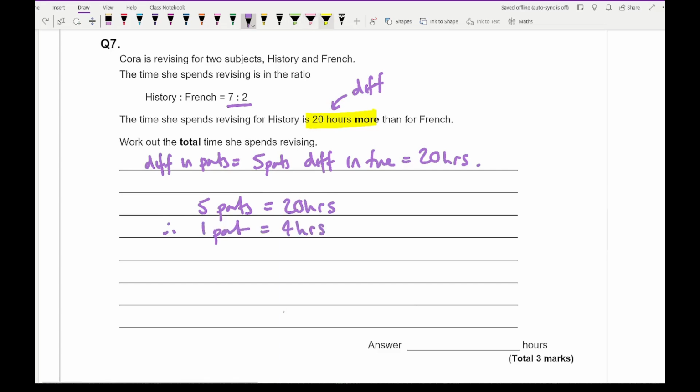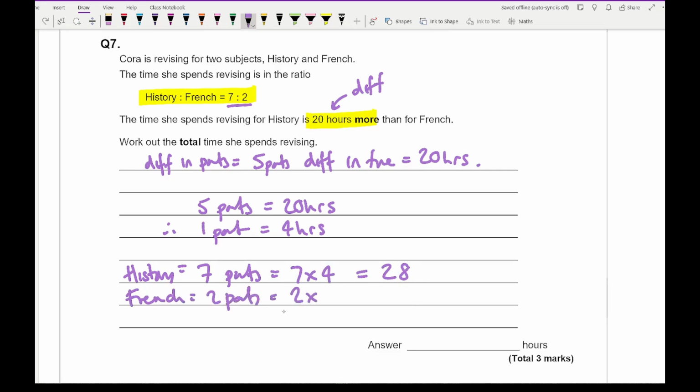So then going back to the ratio in which we know that history and French is in the ratio of 7 to 2. So history, which equals 7 parts, is going to be 7 times 4, which is 28. And for French, that's 2 parts, and that's going to be 2 times 4, which is 8. And then to work out the total time, we just simply add those 2 numbers together, in which we get an answer of 36 hours. And there we go.